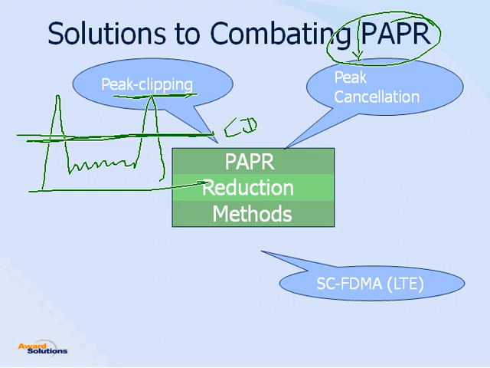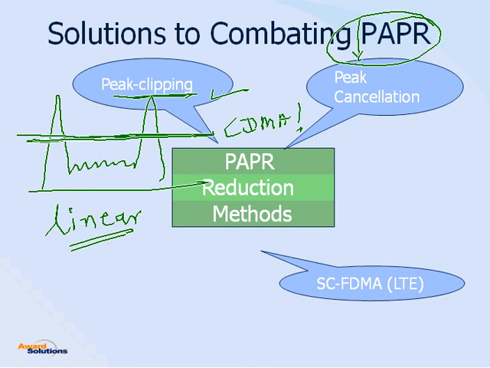Okay, this is how CDMA systems work today. So if you need more power than the power amplifier can give you, then you will just chop it off at some level, so that you can operate in the linear region of the power amplifier. Otherwise there will be distortion.